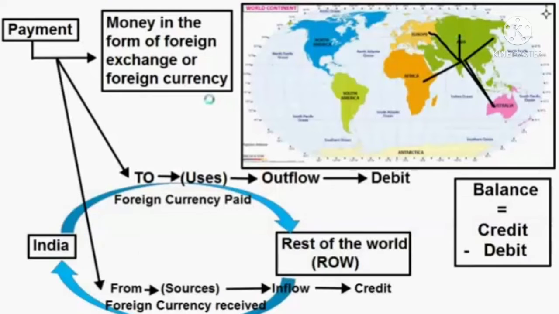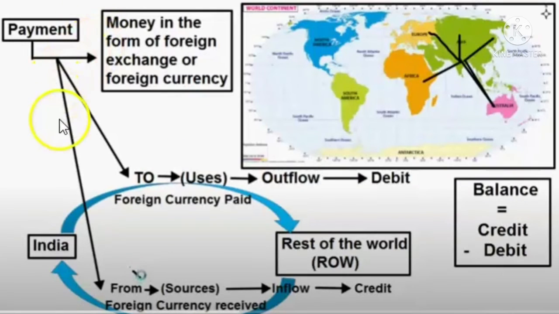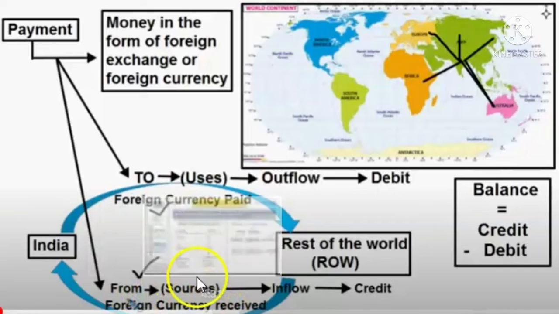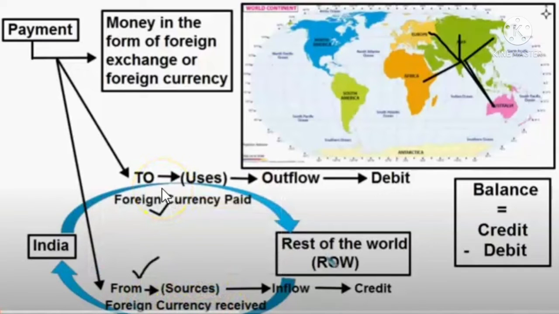That is the exchange of currencies. We are getting foreign currency as an inflow as a result of selling our goods, and this is marked under the credit side.